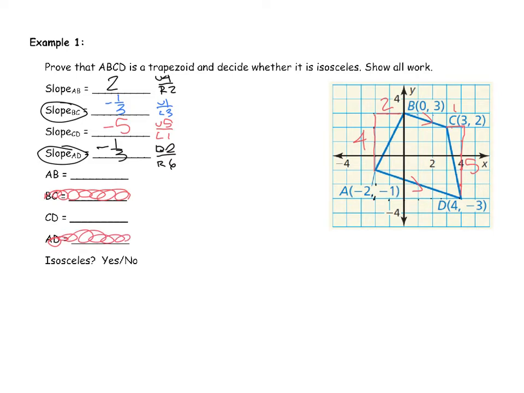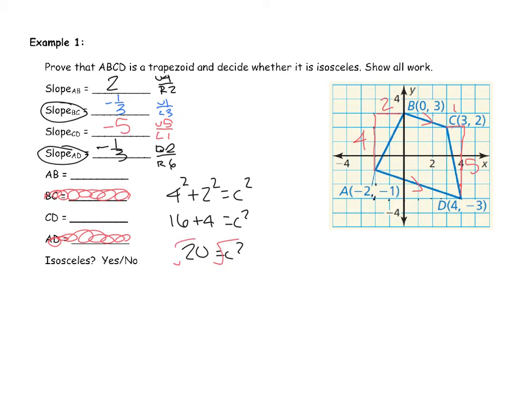So what we got here is for A to B, 4 squared plus 2 squared equals C squared. 16 plus 4 equals C squared. That's 20 equals C squared. To solve for C, you got to take the square root.